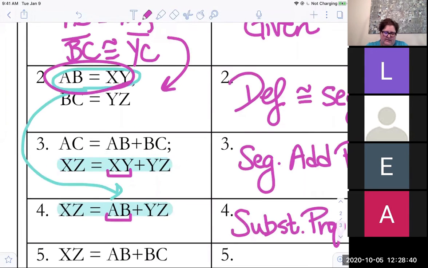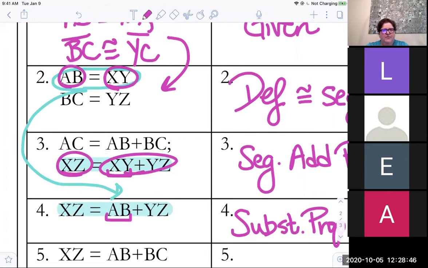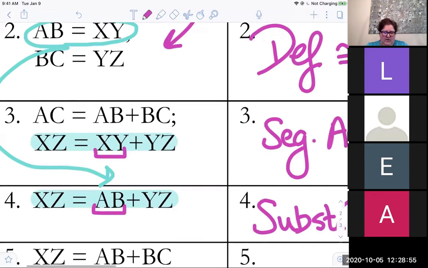Well, here's thing 1, here's thing 2, here's thing 3, here's thing 4. There's not a whole side that matches in the equation in 3 and the equation of 2. So it's not transitive, it's only substitution. You just took out this one term and you put in something new. Okay, so that one has to be substitution, not transitive.